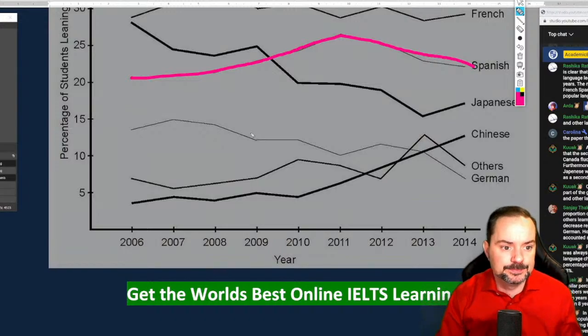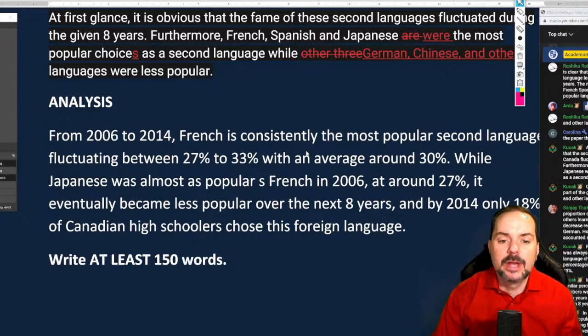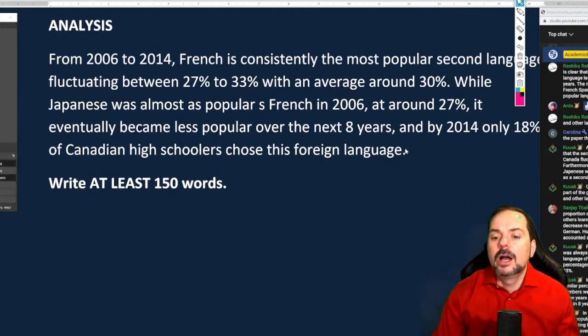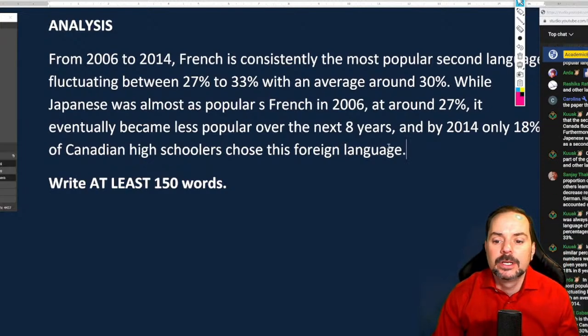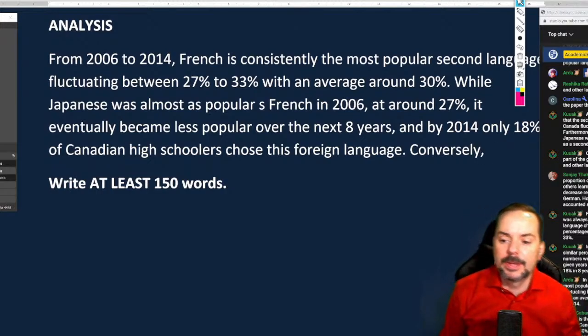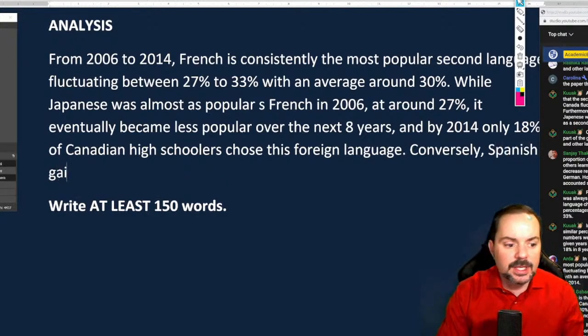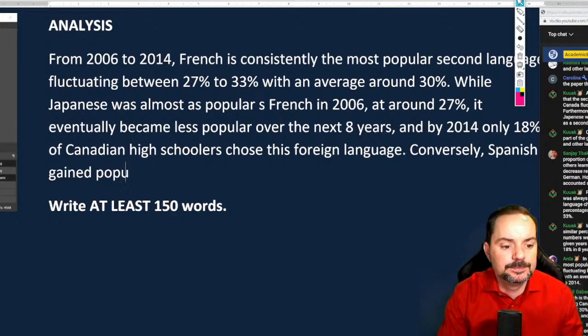Okay. Conversely, so it's kind of the opposite, right? Because Japanese is becoming less popular. Spanish is becoming more popular. So we want to show comparison here. Conversely, right? It's the opposite. Okay. So conversely, Spanish gained popularity during this term.